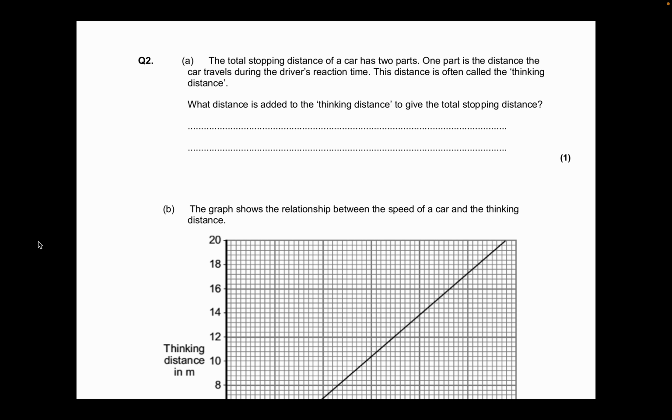I'm just going to use another pen. This is the distance traveled under the braking force. Okay? Under the braking force. This is the same thing as the braking distance.